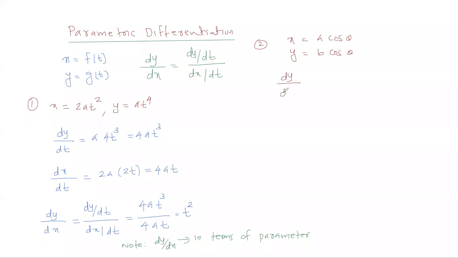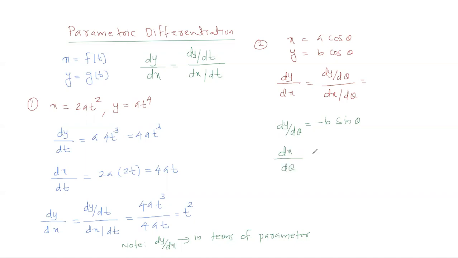So dy by dx is equal to dy by d theta divided by dx by d theta. So for that we need dy by d theta and dx by d theta. So dy by d theta, the derivative of y with respect to theta. So b is constant. Derivative of cos theta is minus sine theta. So it is minus b sine theta.